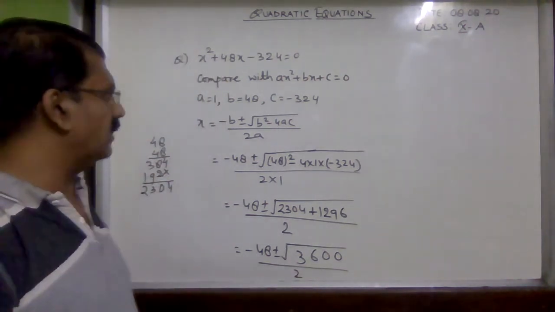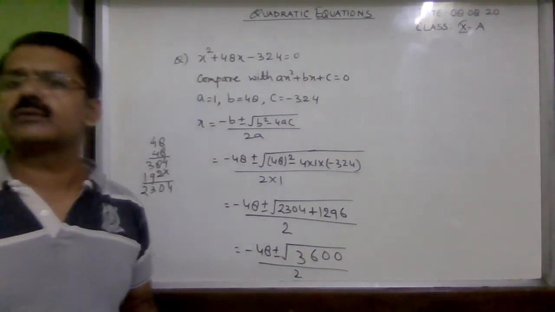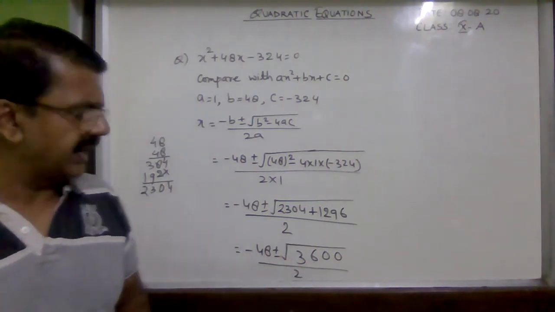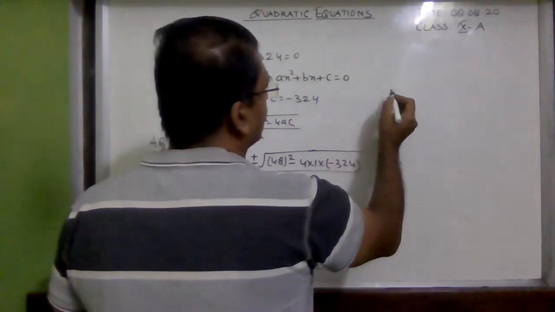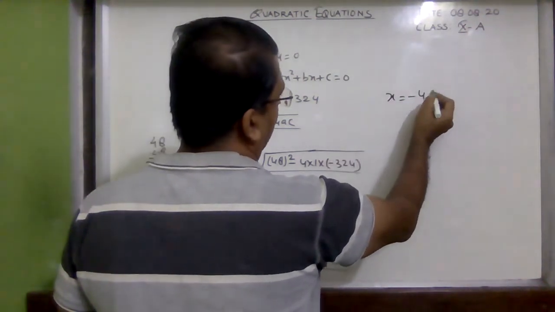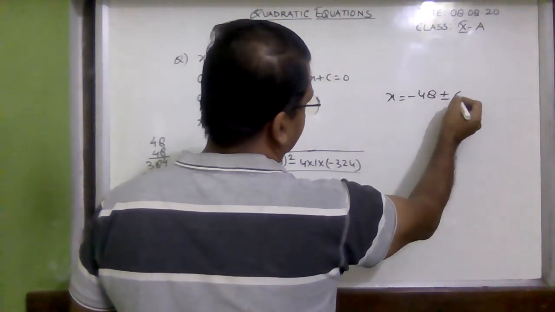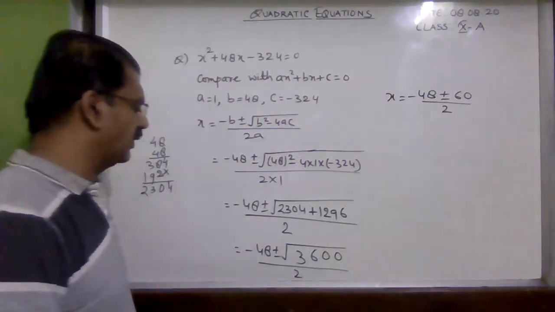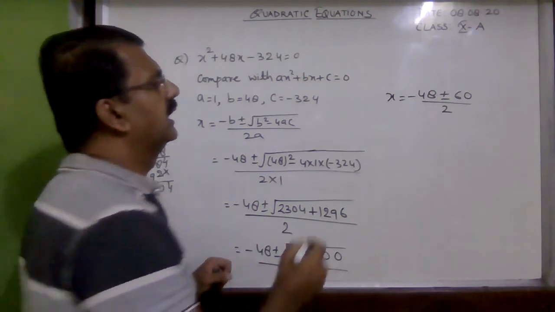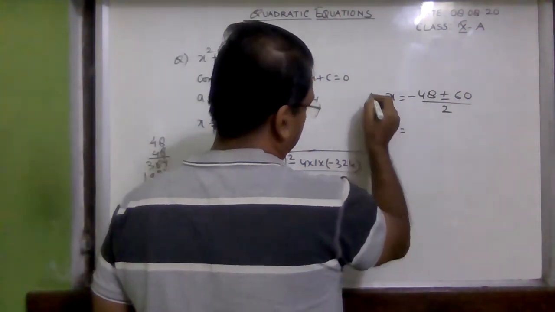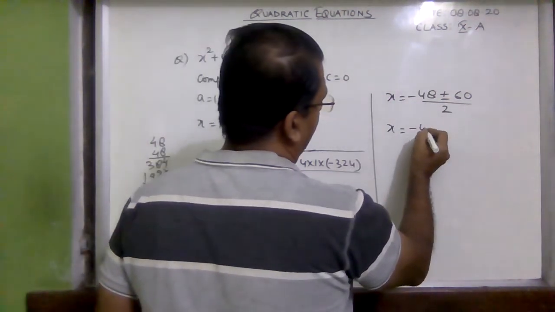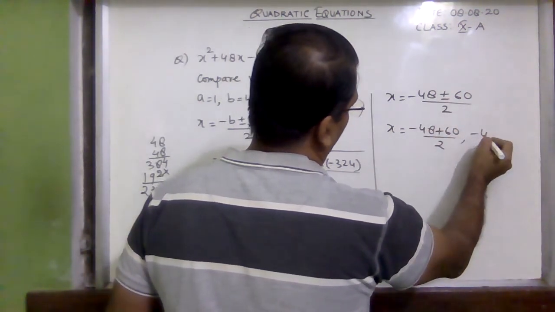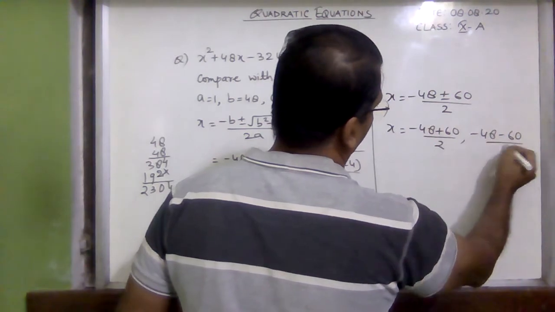Now all of you know that square root of 3600 will be 60, because square root of 36 is 6 and square root of 100 is 10. So it is 60. So x is equal to −48 plus minus 60 upon 2. That means x is equal to (−48 + 60) upon 2 and (−48 − 60) upon 2.